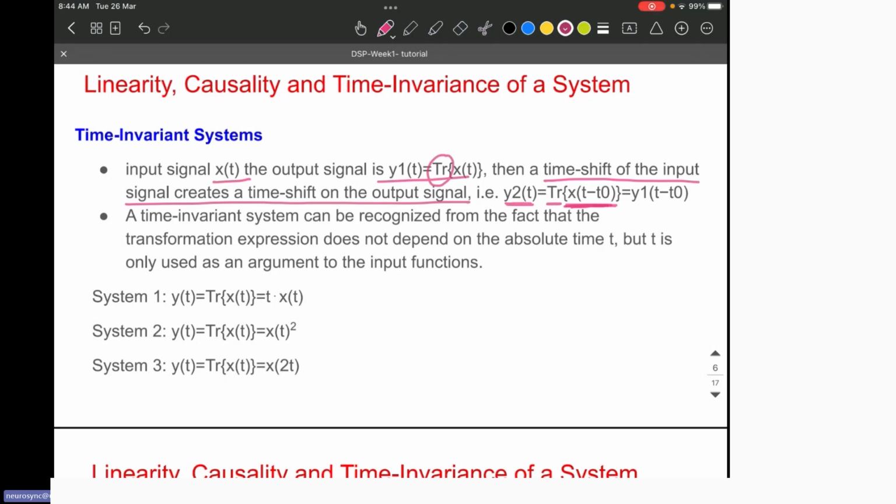So if you get the same shift in the output, then the system is time invariant. So if this is equal to the output of the original signal, that is y1 of t, with the same shift, then this system is time invariant. Now, how to represent the same shift in the output of the signal? That is t minus t0.